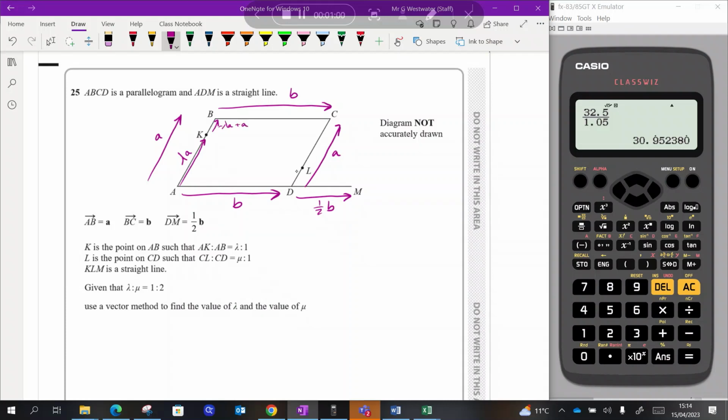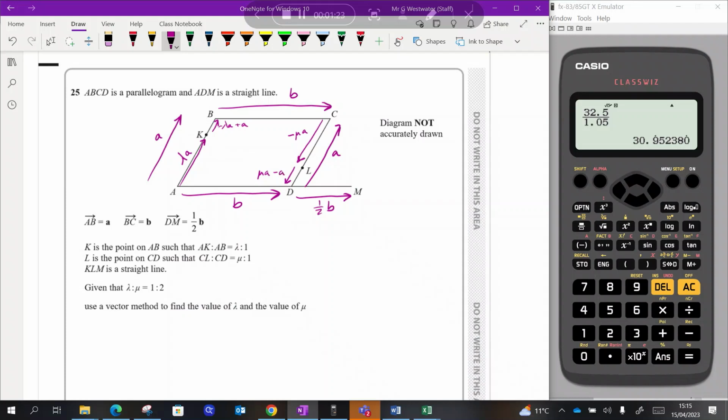And we can do a similar thing here, but going the other direction, because we're going from CL to CD. So this would be minus mu a, and then from here to here, think about this as plus mu a, so mu a minus a.